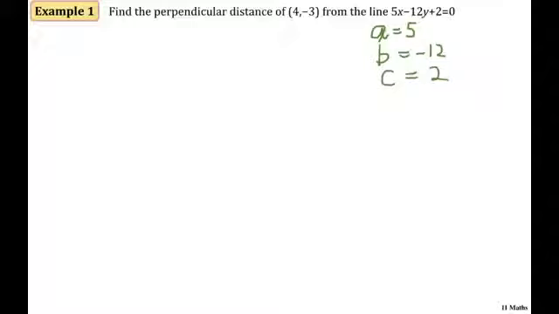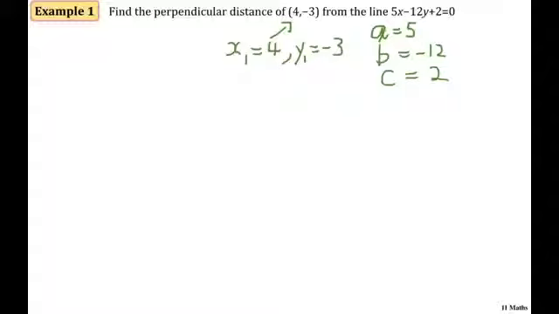Because a is the number in front of x, b is the number in front of y, and c is the constant term. The point that I know gives me an x1 value of 4 and a y1 value of minus 3. So I've now got all the information I need to use my formula.